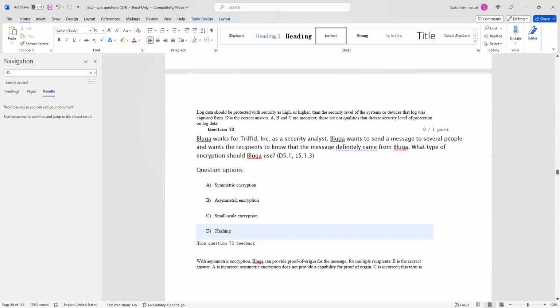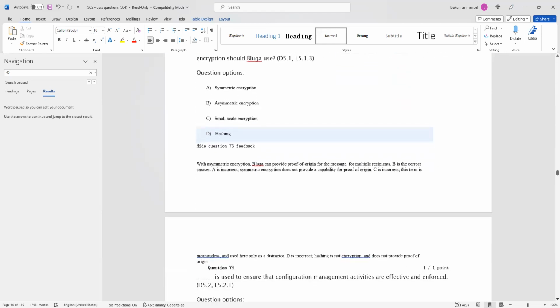Symmetric encryption is good for confidentiality, but not for integrity or for providing proof that the message actually came from this person. So asymmetric encryption helps us to provide that assurance that the message came from the sender.